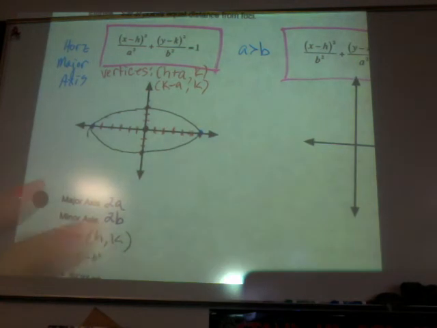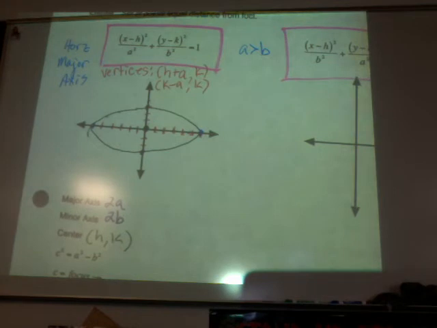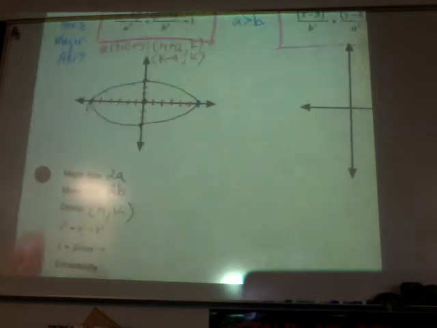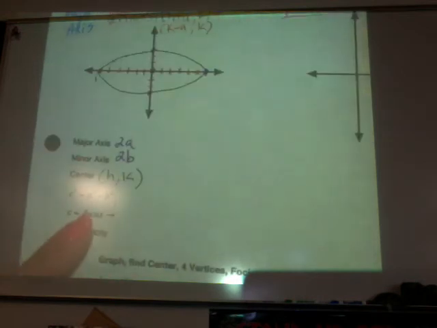Okay, I have a little problem now. Bear with me. So it looks like a little football, right? Got a little deflated there. Oops. So then we have to put in the foci. And your focus is always c distance from the center.